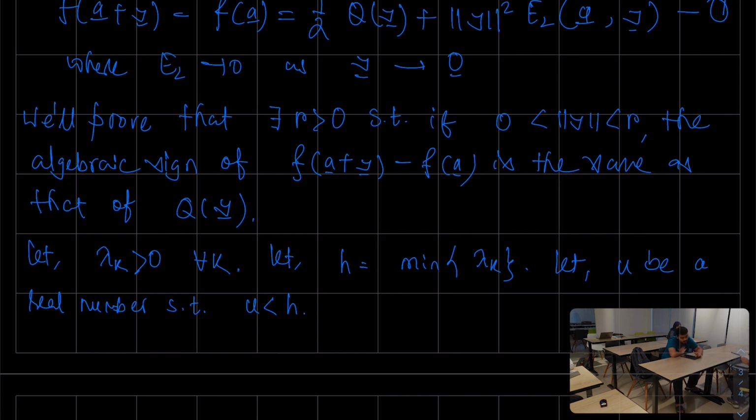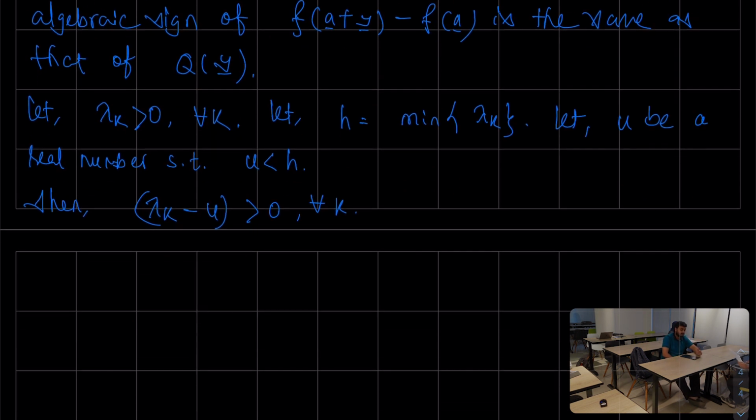Then lambda k minus u is greater than 0 for any k. Is that okay? The smallest eigenvalue is the smallest, and all the other eigenvalues are bigger than it, so subtracting u from them is obviously positive. And from the smallest one I'm subtracting a smaller thing, so this is also positive by default. So that's true. Okay.